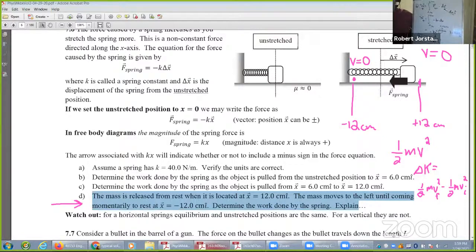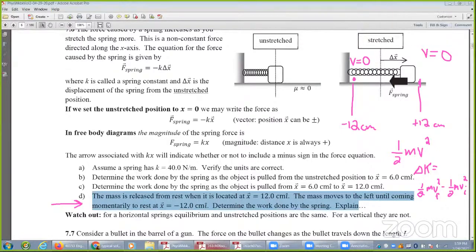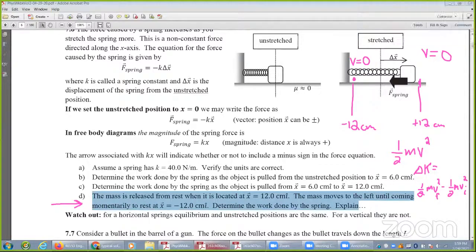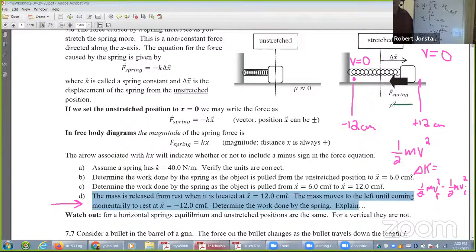So in this case, what's the change in kinetic energy as we go from the initial position of positive 12 to the final position of negative 12? 0. What gives? Doesn't the spring do work to speed you up? Shouldn't there be a positive number? What speeds you up, then it slows you down. Exactly. So the trick is the spring does positive work right here. And then the spring reverses direction and it does the same amount of negative work. So again, this is like one of those problems with the banked curve where sometimes the net work doesn't really help you out.